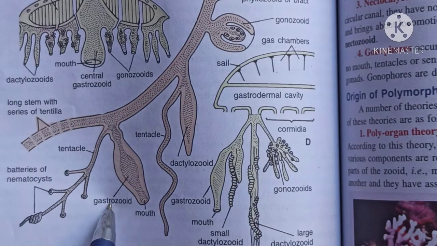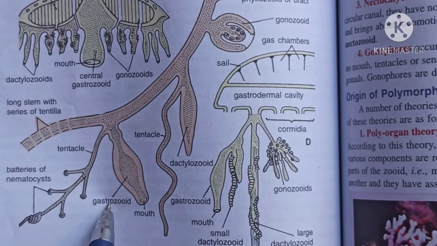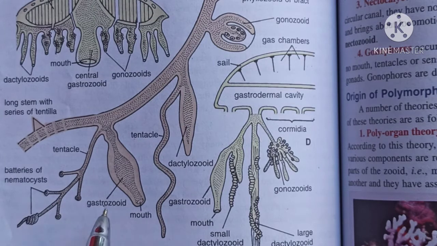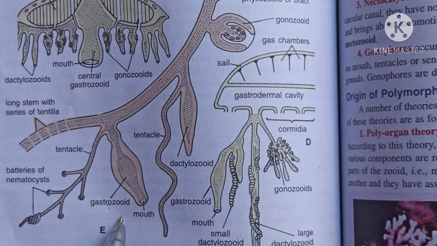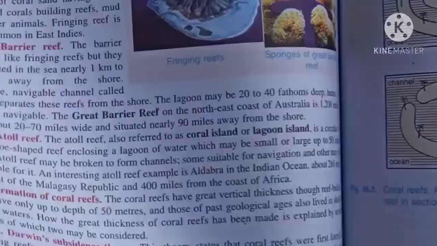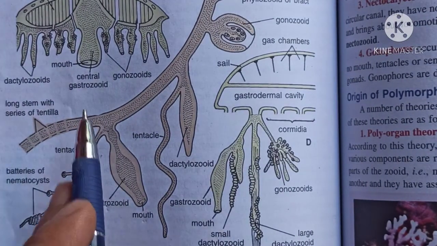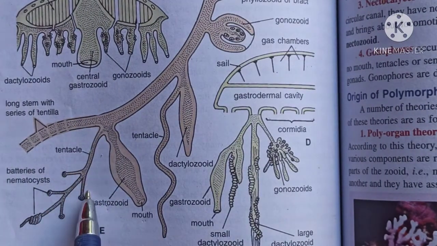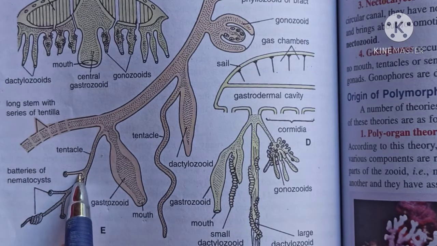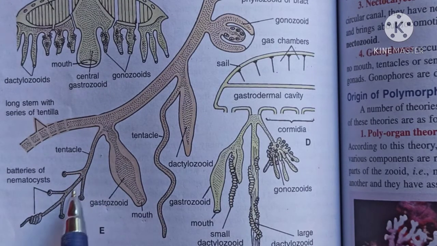First one, gastrozoid. Remember, gastrozoid is a feeding zooid and it contains a mouth, as you can see in the diagram. It contains a mouth as well as many tentacles.